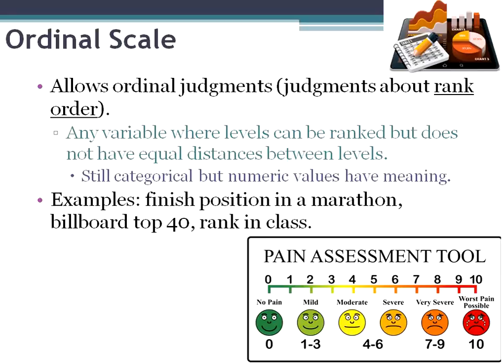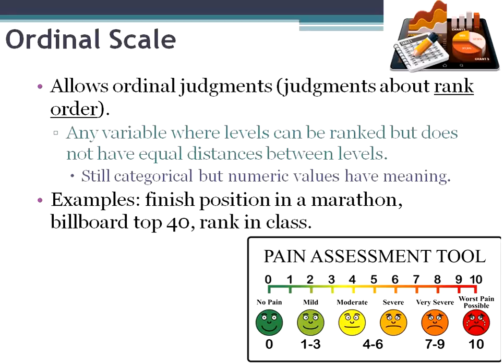The numbers we use themselves aren't really meaningful, but they do have meaning in terms of rank order. You can think about the pain assessment scale from the hospital or the doctor's office. You come in and they say, on a scale of 0 to 10, or using these faces, how much pain are you feeling right now? Now, maybe I have a very high tolerance to pain and I have a nasty laceration on my hand. I might put that at a 4, but someone else with that same injury might put that level of pain at an 8.